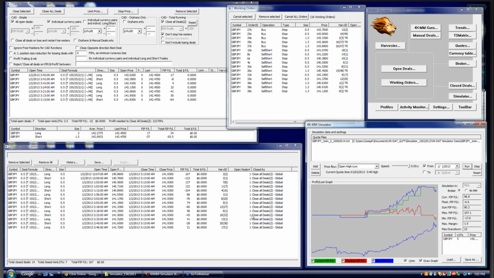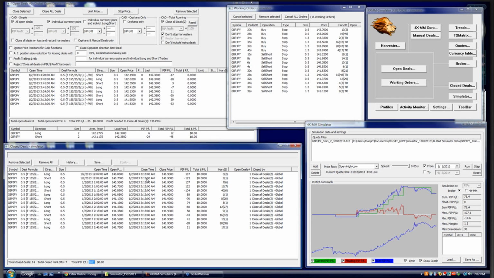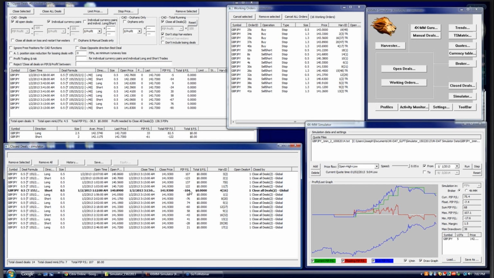So what we already see here, these are our initial global closes. We've got 107 pips so far, and that is the summary of all these trades. As you can see, there are some negative trades, minus 123 pips here, 104 pips here, 60 pips here.